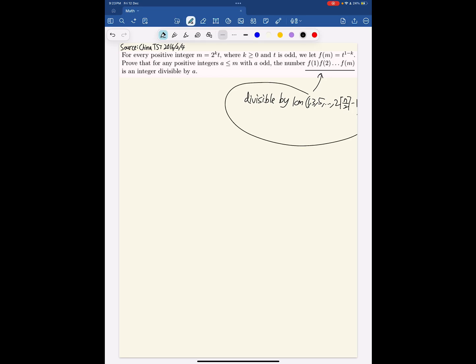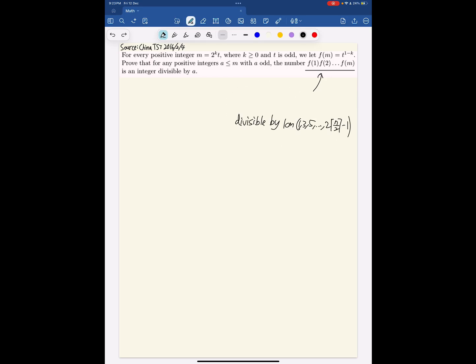Then you think LCMs are actually pretty bad. Like, how do we even get the hang of LCMs? So you start thinking, hey, can we change this LCM into, for example, p to the something that is divisible by this product? And the answer is yes, we can do that. Well, how do we do that?